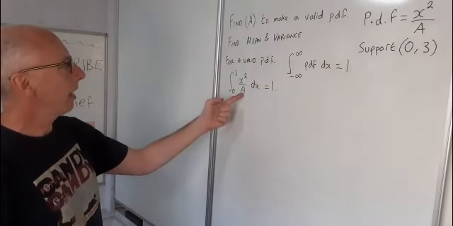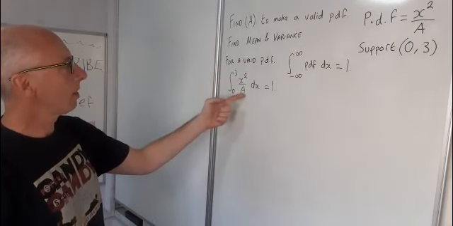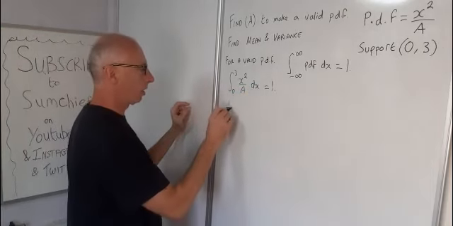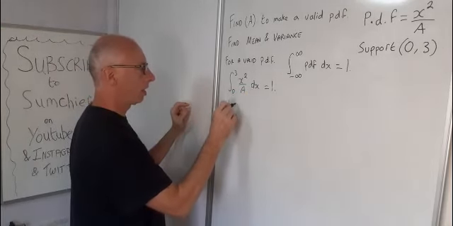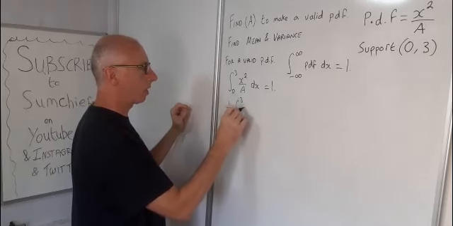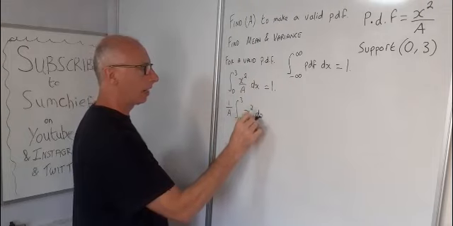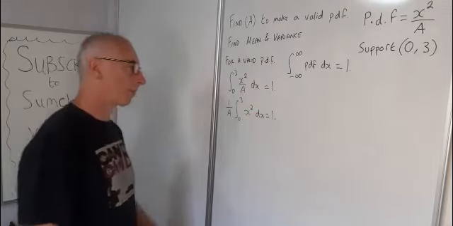Now the a is not part of the x, so we can bring this out. So 1 over a, and then the integral from 0 to 3 just leaves us with x squared, dx, equals 1.